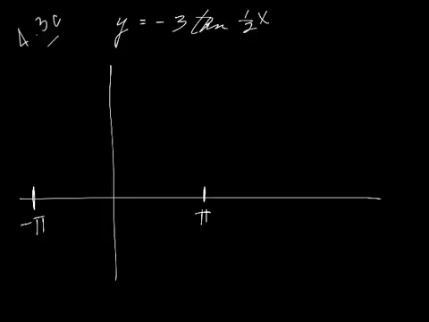Now, what did we say the period was on this? Said the period was 2 pi. Well, that's obvious. The difference between the sum of these two, 1 pi this way and 1 pi this way, that's 2 pi. So there's my period. So I know these are my asymptotes.